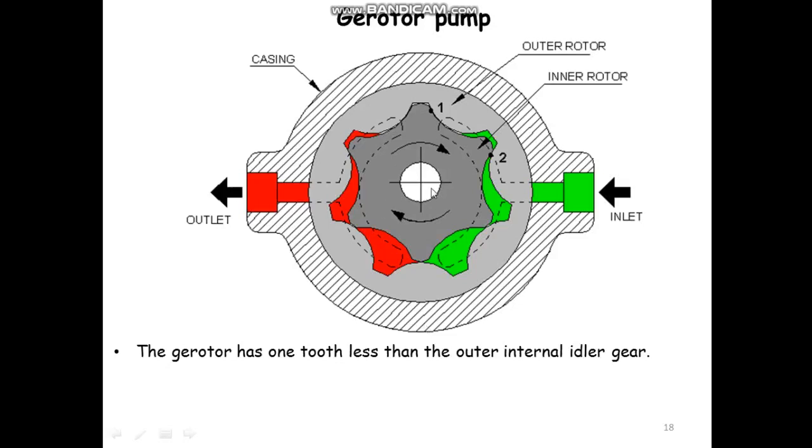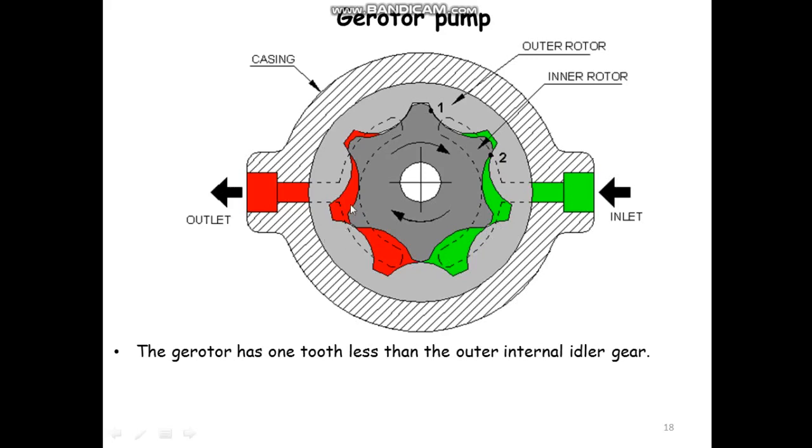Here eccentricity is eliminated, and since one tooth is less in the internal gear, automatically the space between the addendum of the internal gear and the addendum of the external gear will be trapped, and there is no space available between these two. So there is no need of even a crescent seal.